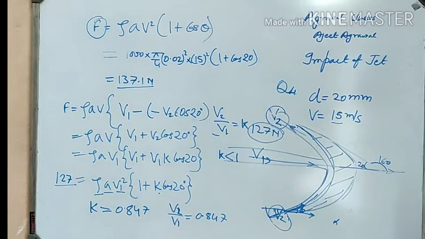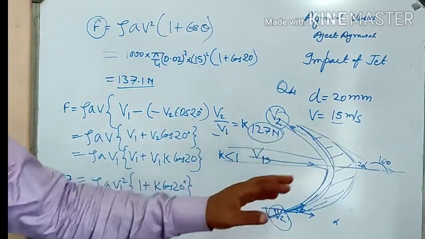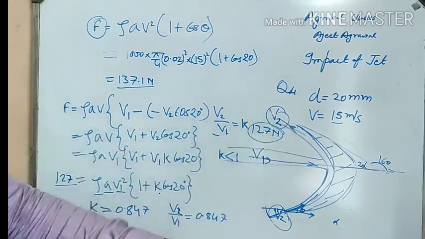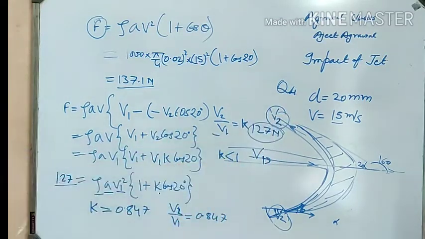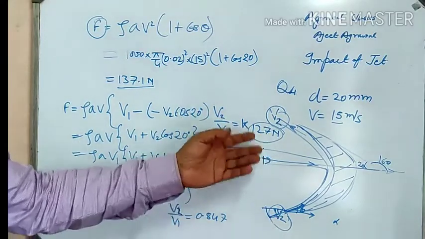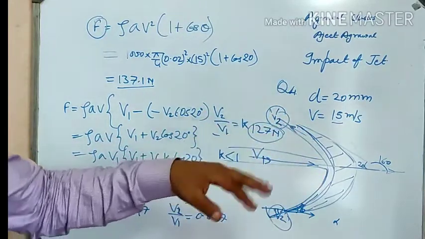So this way, when the blade has friction or it is a rough plate, the velocity at the exit of the blade reduces compared with the inlet velocity, and in that case the thrust we are getting is reduced, and if that plate was moving, the work done will also reduce.